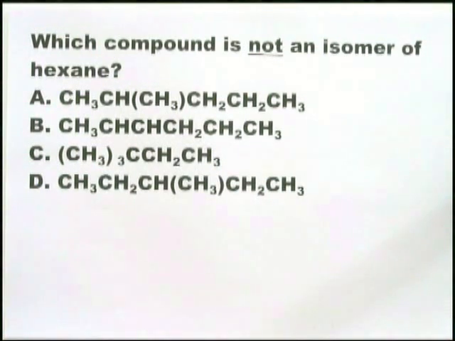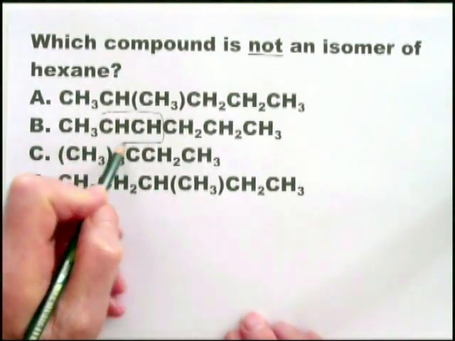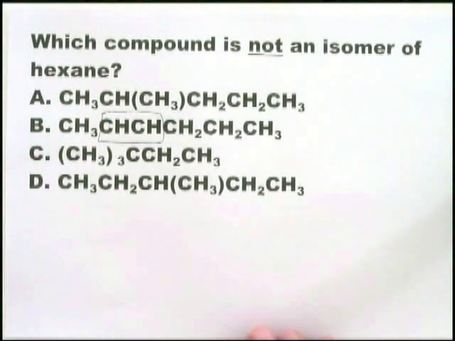This is an interesting one. Which one is not an isomer of hexane? Immediately you see hexane, you know hexane is a saturated alkane. And as you look through this list, you will see, without even thinking about them, this structure, CH=CH. And I've mentioned it before. CH=CH indicates a double bond between those two carbon atoms.